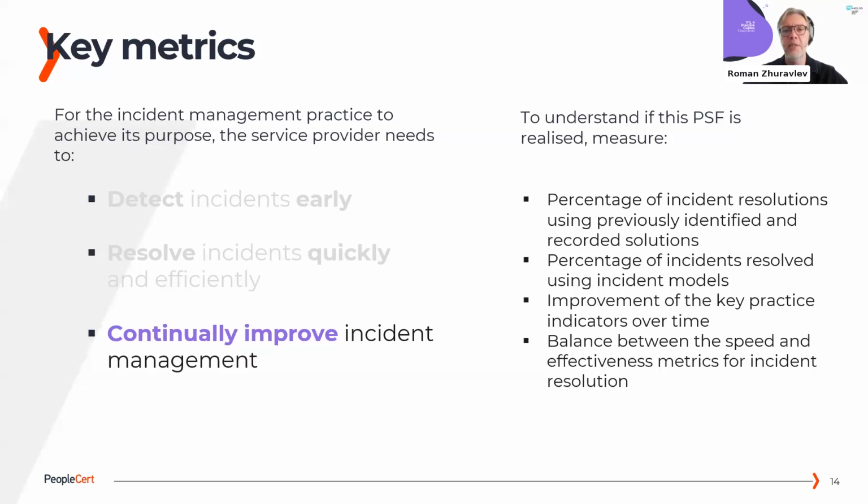So using the knowledge base, the percentage of incidents that were following the known resolution models, and therefore their resolution has been optimized and streamlined. Balance between the effectiveness metrics and cost and efficiency and other metrics for incident resolution.